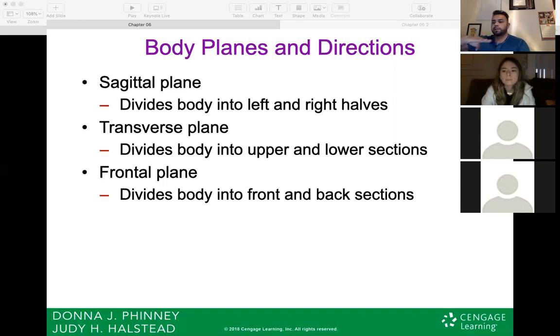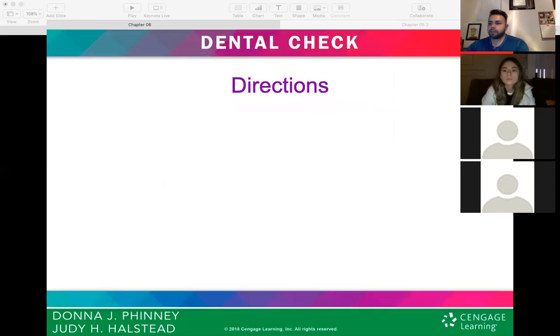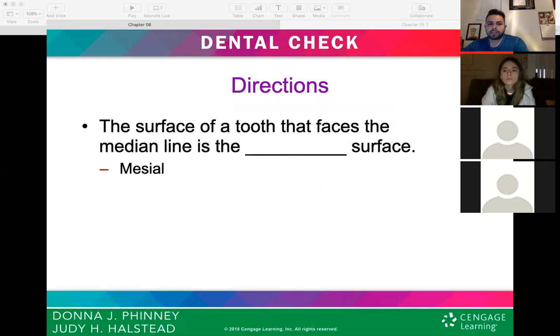So the transverse plane is this way. Just a quick check: the surface of a tooth that faces the median line is referred to, as we all probably know, as the mesial surface. That's the midline here, and anything closest to the midline is going in the mesial direction.